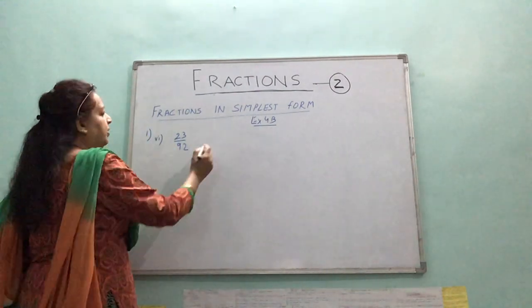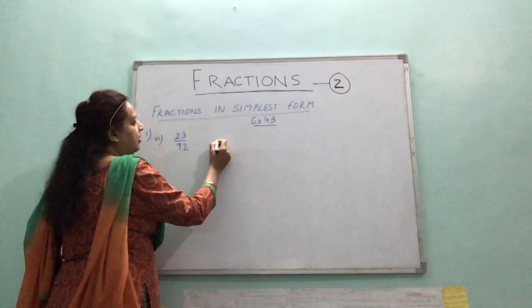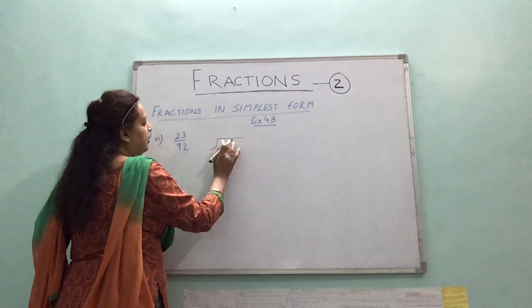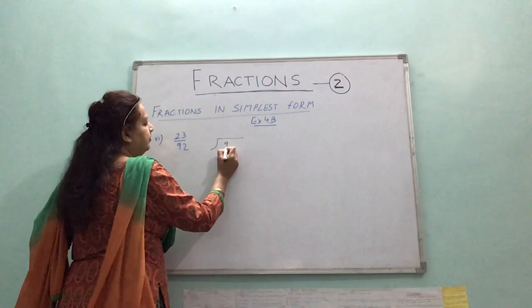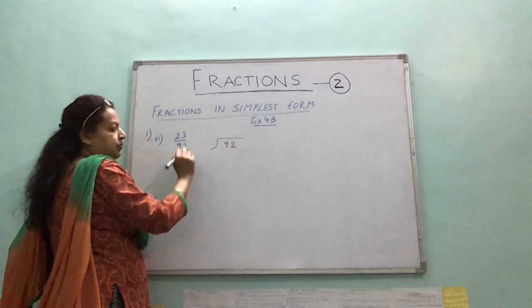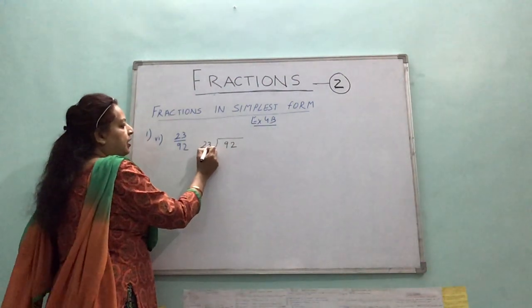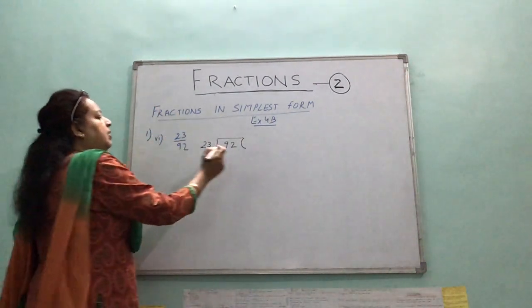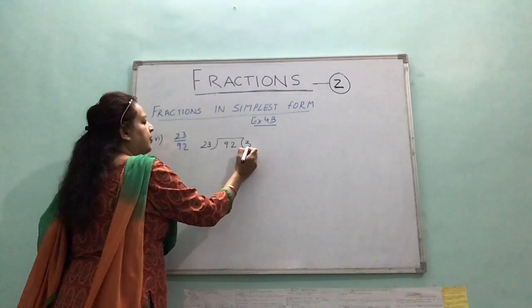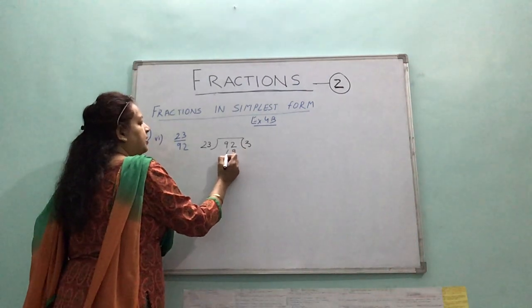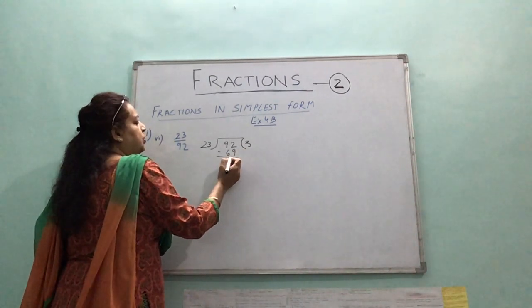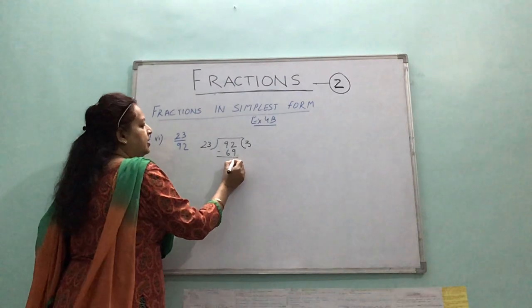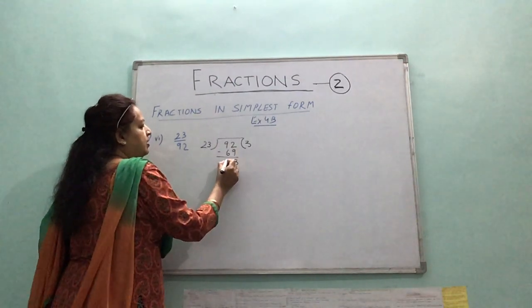In the division method, write the bigger of the two numbers here, and 23. And how many times would 23 go into 92?